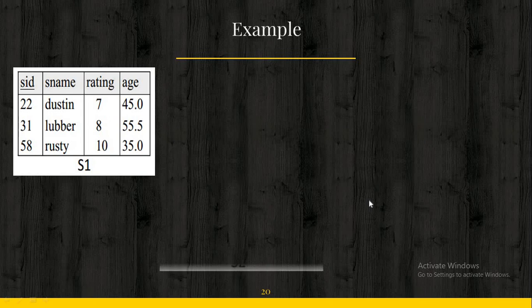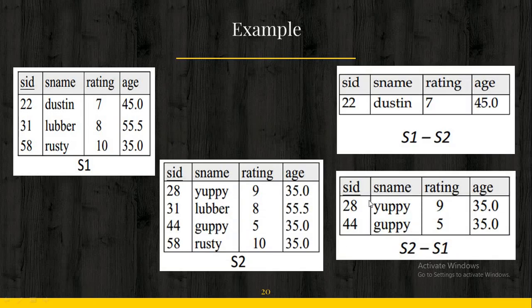So if I write it in a different order, like I write it as S2 minus S1, then from these two tables I have to eliminate the common ones first, like Lubber and Rusty are common. Lubber and Rusty are the commons of these two tables, so I am going to eliminate them, and next left only Dustin from the second table.